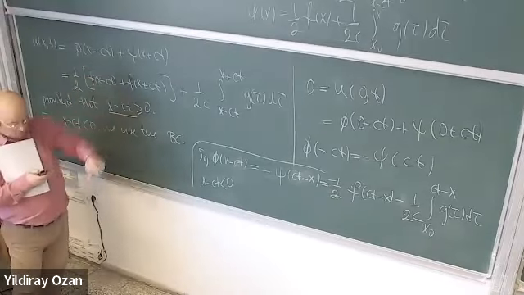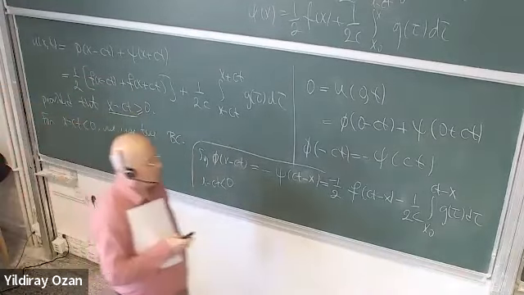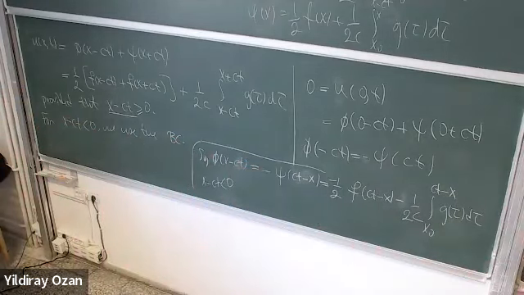For positive values of x minus ct, this is the solution. So 1/2 [f(x−ct) + f(x+ct)] plus 1/(2c) times the integral from x−ct to x+ct of g(τ) dτ.